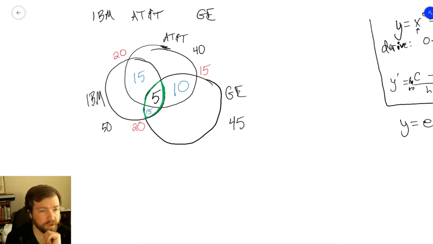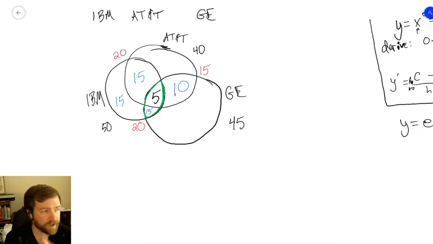Which then should mean this is 15, and 15 is 30, 5 is 35, and if the total for all IBM is now 50, we'll find out real quick if I'm right. So this should be 15 if, again, 15, 15, 15, and 5 are going to add up to 50 for IBM.